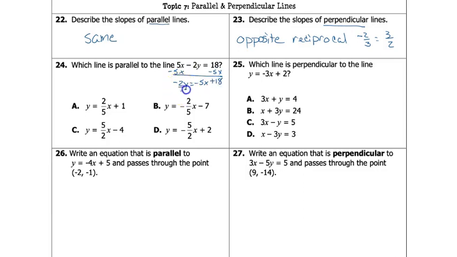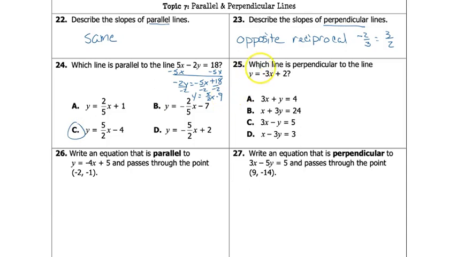I would divide by negative 2 to everyone. So I would have y equals, well, negative 5 over 2 is positive 5/2 x minus 9. 5/2. So I need to find an equation where I have the exact same slope, the same m. And if I look here, that's C.